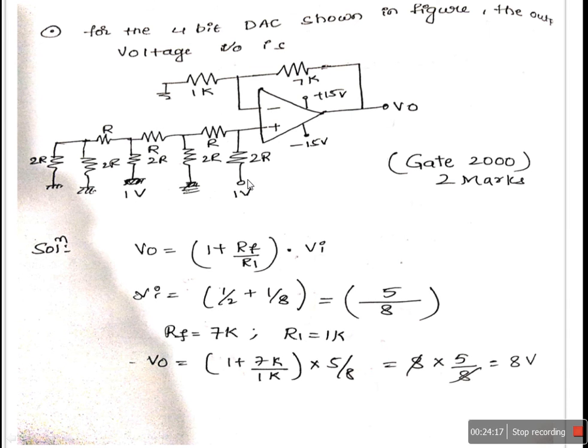This represents 1 by 2, this represents 1 by 4, 1 by 8, 1 by 16. So the 1 by 2 is connected to the voltage and 1 by 4 is connected to the ground. This bit is connected to the ground, and 1 by 8 is connected to the voltage and 1 by 16 is connected to the ground.